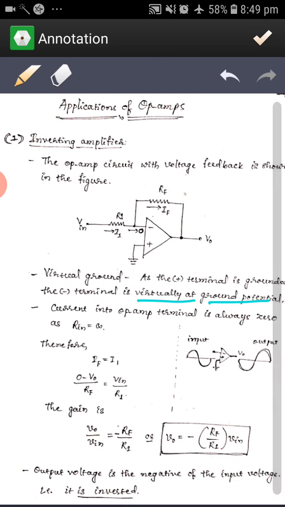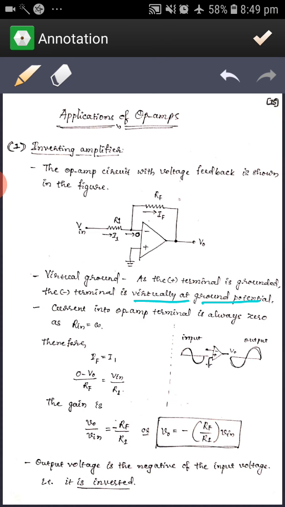Now, as we know, the input impedance is infinity or very high. Therefore the current flowing through R1 is the same as the current flowing through RF, so we can say IF equals I1.